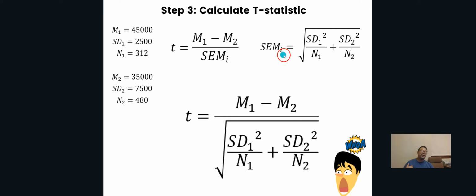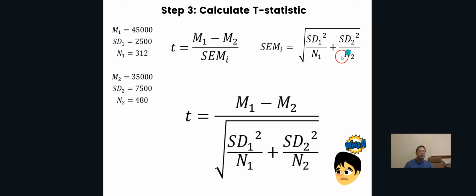So SEMI is a little bit different from what we had in the one sample t-test, because that is the square root of the standard deviation of the first group squared divided by number of cases of sample group number 1, plus standard deviation of the second group squared divided by number of cases of the second group. So it's very complex here.